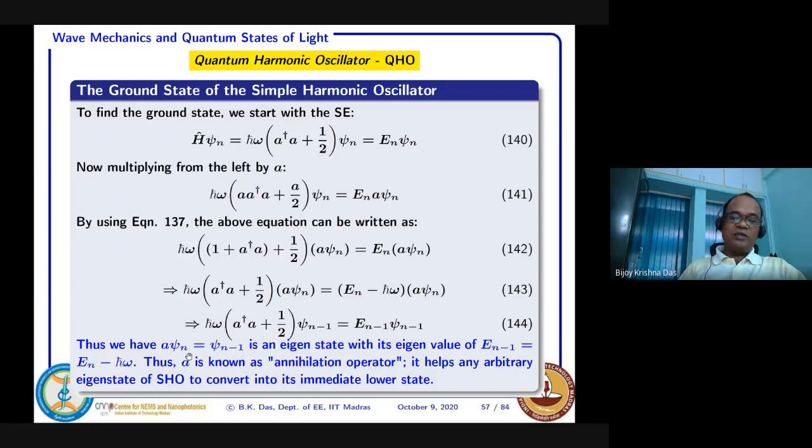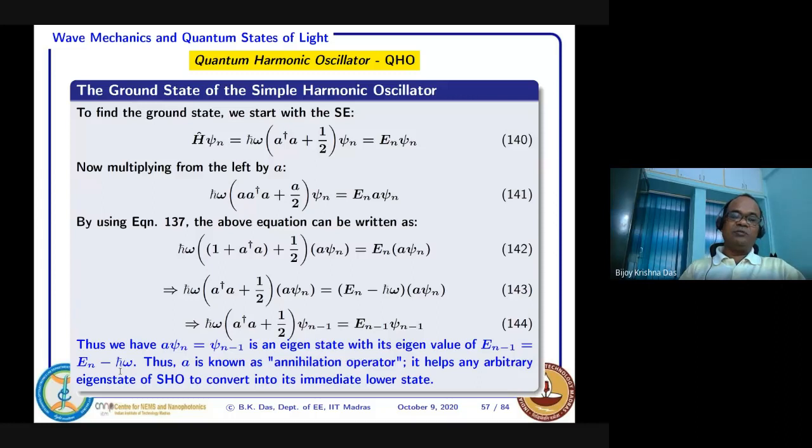Those eigenstates you can get if you know one of them, say the nth eigenstate psi n: you operate on it with A, and you get the immediately lower wave function psi n minus 1. And this psi n minus 1 will have this energy eigenvalue. So this is very important.